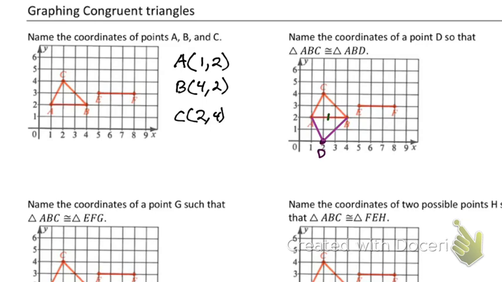Is that the same length? Yeah. And let's just check the last one. It should be that CA, which is up 2 over 1, should be the same as DA, which is down 2 over 1. That is the same length as well. We have a correct answer where D is going to be the point 2, 0.